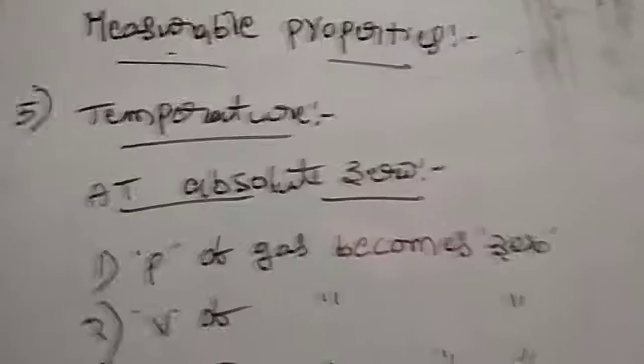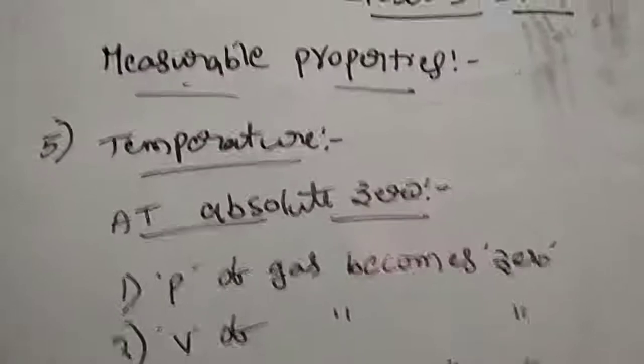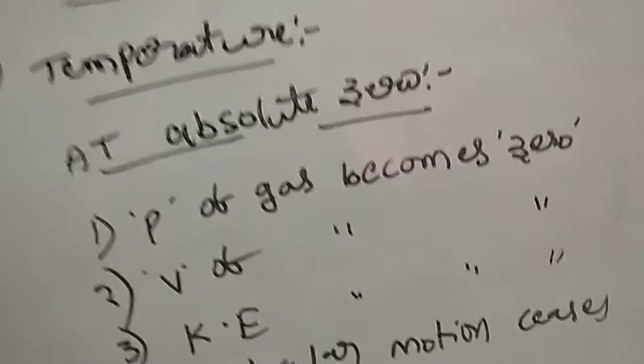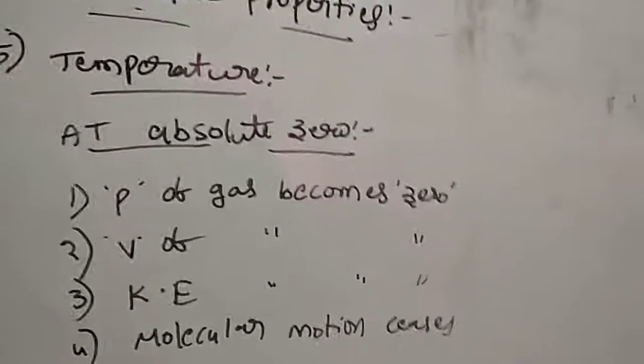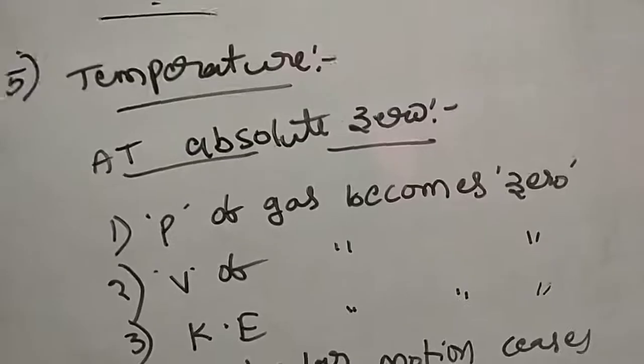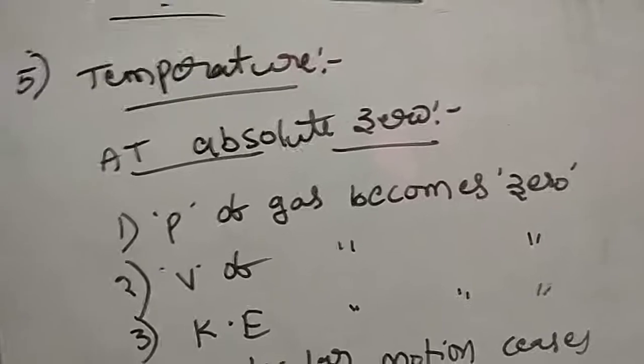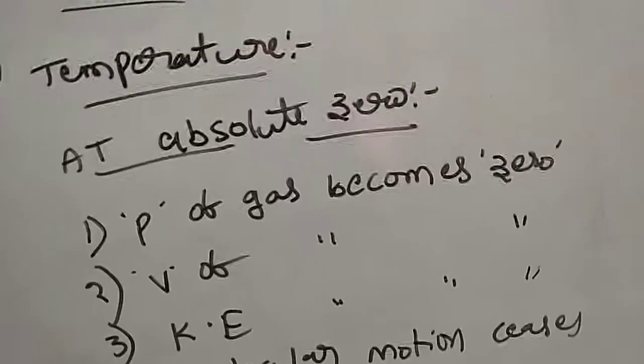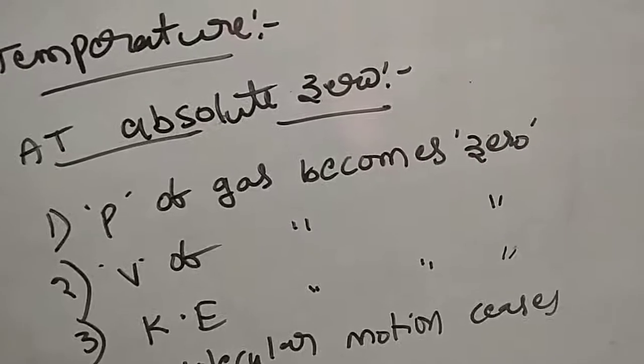Whatever we have discussed in the states of matter, intermolecular forces, measurable properties, all these are the basic terminology. I explained the basics because to get strong in physical chemistry, you must be thorough with the states of matter. The ideal gas equation PV equals nRT is used in so many problems, even in stoichiometry, chemical kinetics and chemical equilibrium.